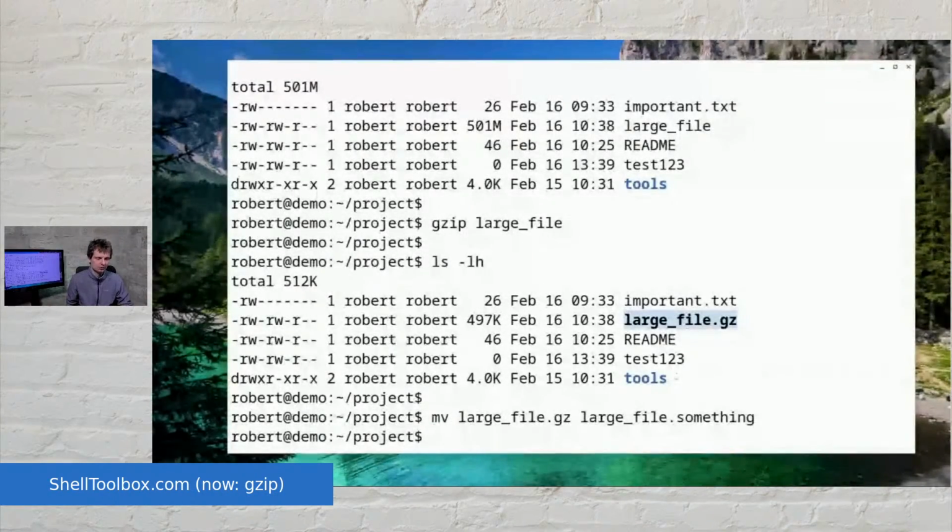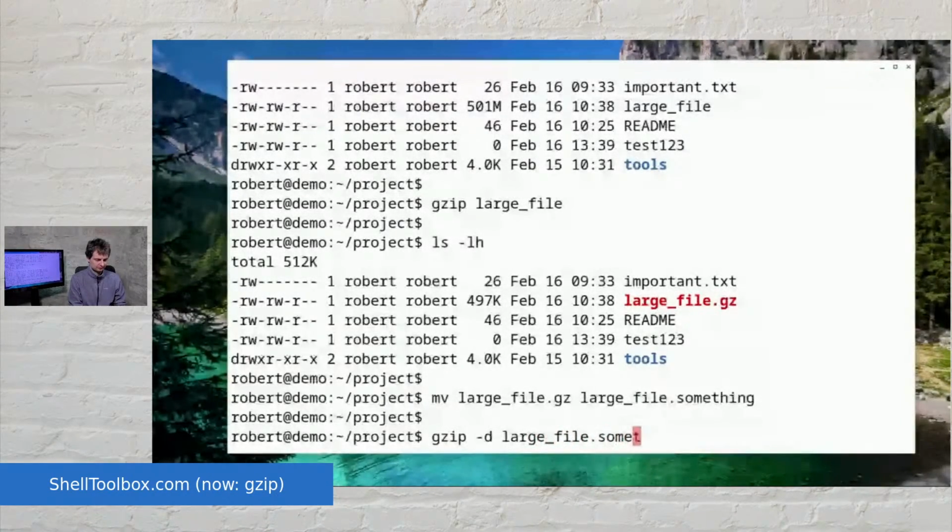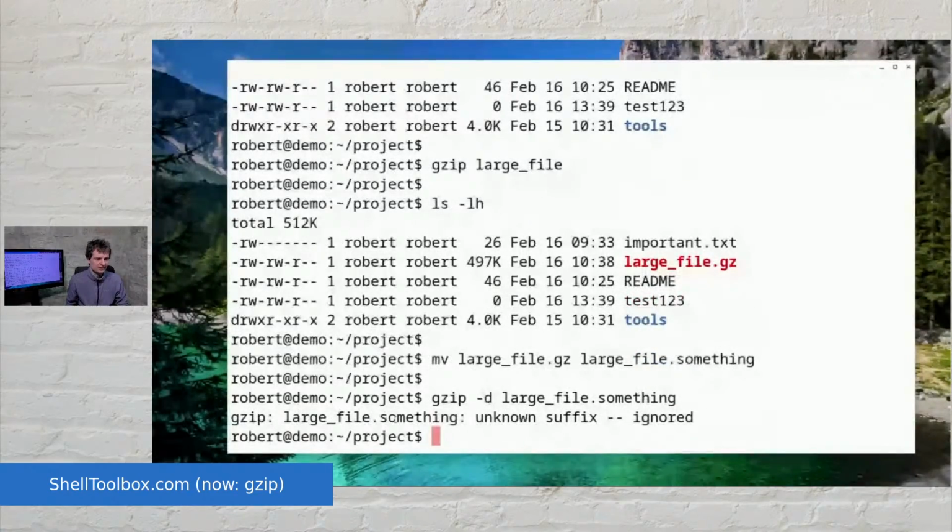I just wanted to remove the extension to show you that if I want to gzip -d large file.something, then gzip says unknown suffix, ignored. Typically, file name extensions don't matter at all on a Linux system. But the gzip tool by default has a look at the file name extension, and if the file name extension isn't gz, then it won't try to decompress the file.